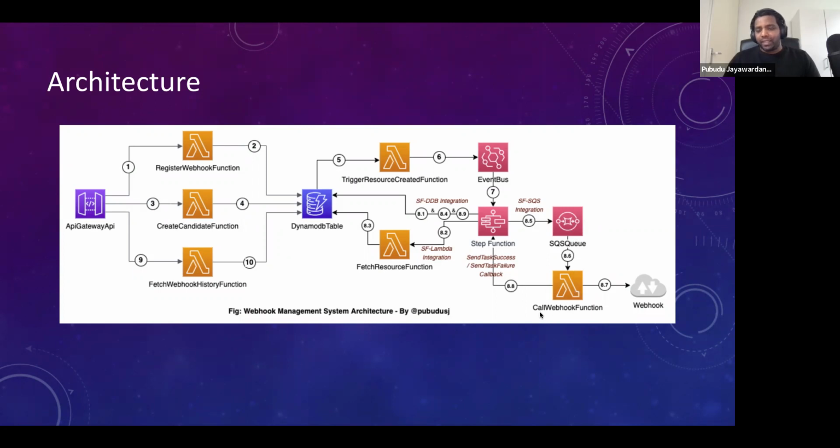And within this webhook function, I use the method called wait for callback of the step function. What it basically does is whenever it fails or succeeds, it will send the signal to the step function whether it's a success or a failure.